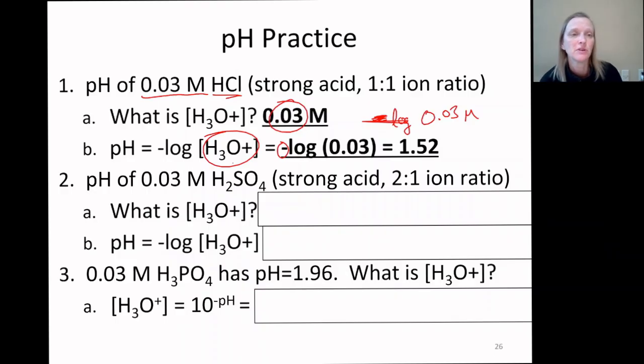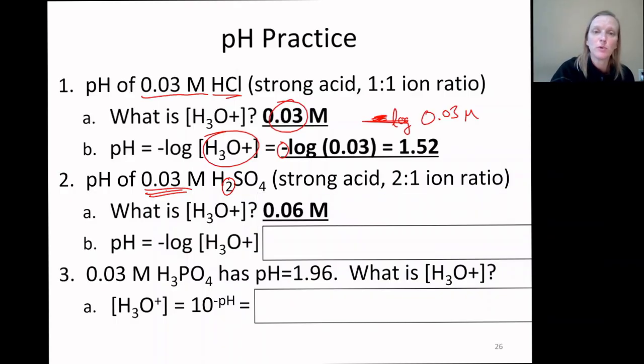Let's look at the next example. If I have a pH of 0.03 molar sulfuric acid, this is a strong acid. It's going to fully dissociate in water. But this time I'm going to have 2 hydrogen ions per molecule of sulfuric acid. So my hydrogen ion concentration is twice of 0.03 molar, so I have 0.06 molar.